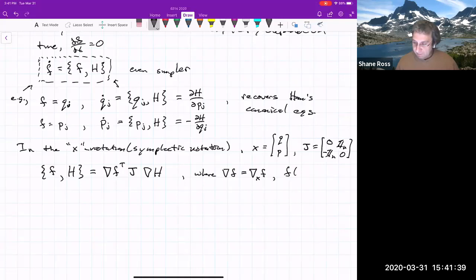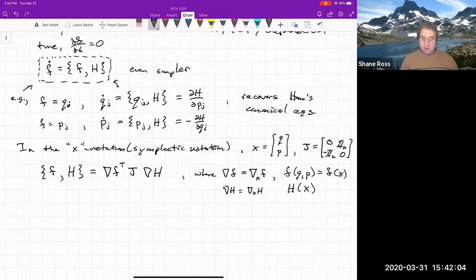So instead of writing f as a function of q and p, we just write it as f of x. And same with h. So h is a function of x, which is just the first n of them are the q's and the next n of them are the p's. So same here, the gradient of h is the partial of h with respect to x.